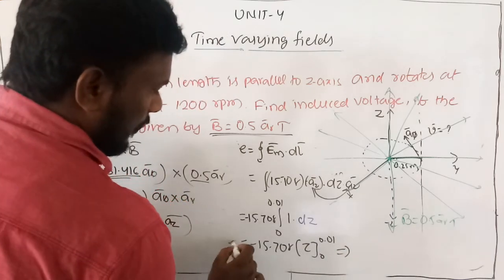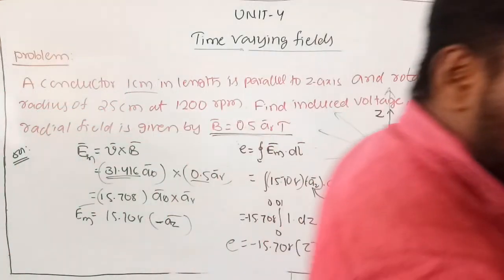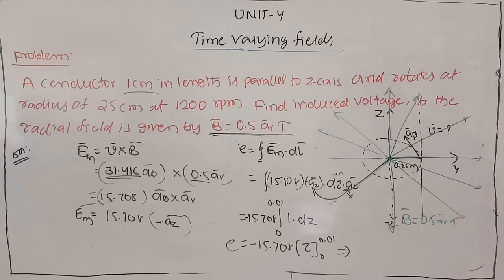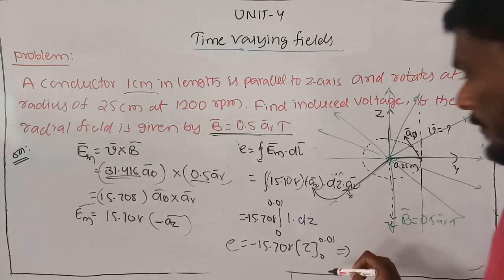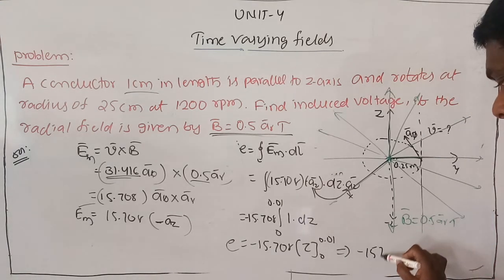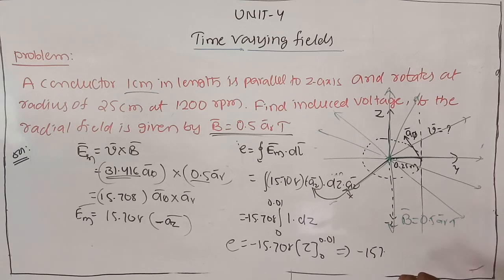After substituting the upper and lower limits, you get the answer: minus 157.08 millivolts. This is the answer.